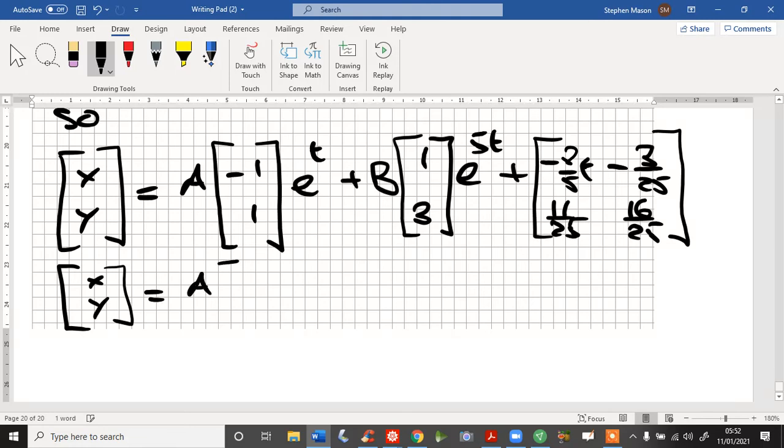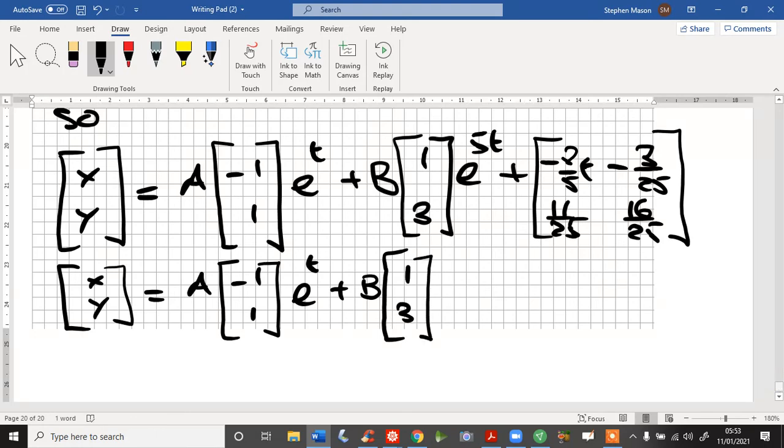A -1, 1 e to the t, plus B 1, 3, and I'm going to take a 1/25 out.